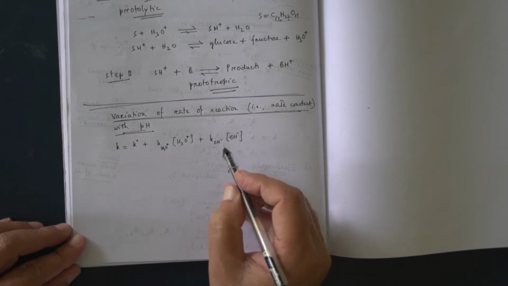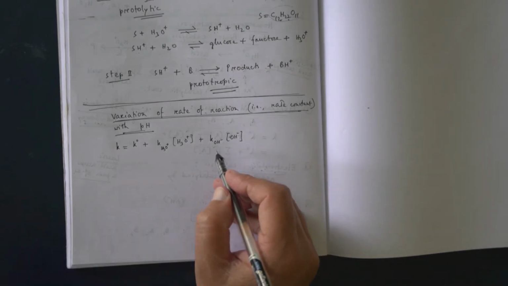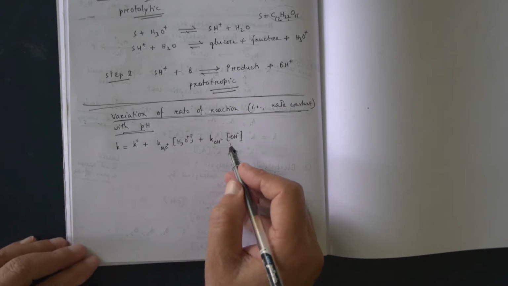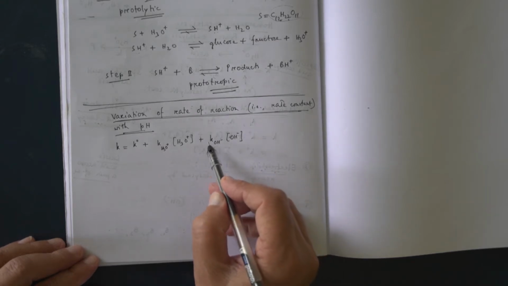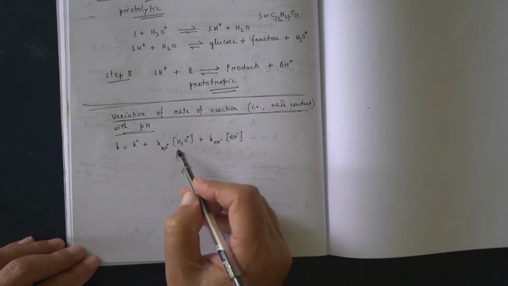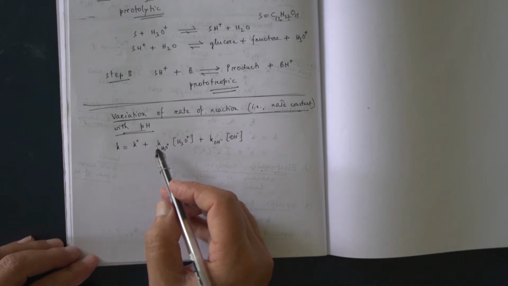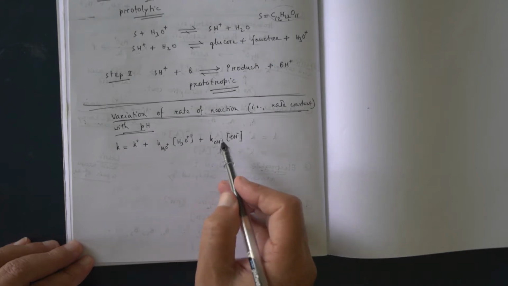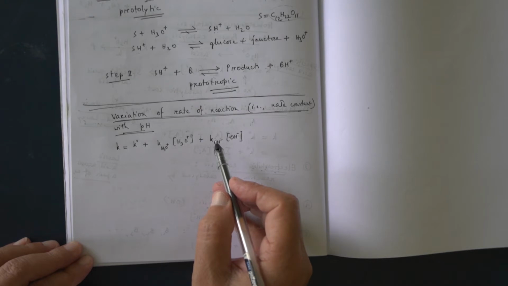Similarly, if the reaction is catalyzed by 0.1 molar sodium hydroxide solution, it will be catalyzed by hydroxide ion only, not hydronium ion. Therefore, it is highly improbable that a reaction will be catalyzed by both hydronium ion and hydroxide ion at the same time.